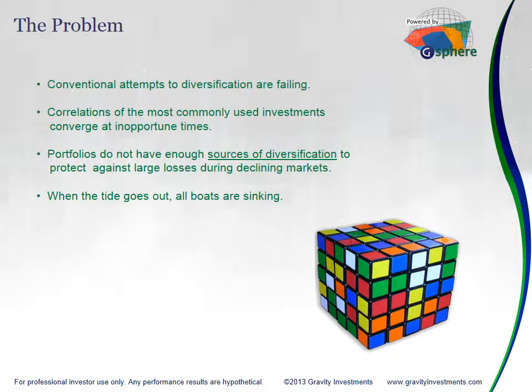I'd like to set the table for our discussion by delving into a few areas of the existing investment landscape that we see as problematic and that we have a nice solution towards.